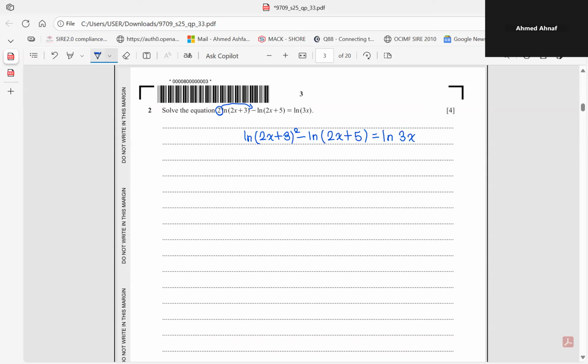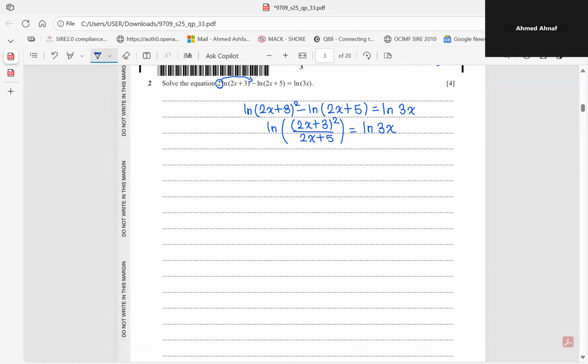And then the left-hand side, we can further simplify by using our law that says ln A minus ln B is equal to ln A over B. So hence this would just be ln 2x plus 3 squared over 2x plus 5 equal to ln 3x.